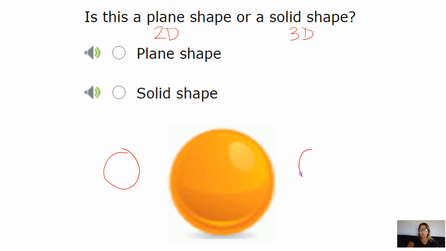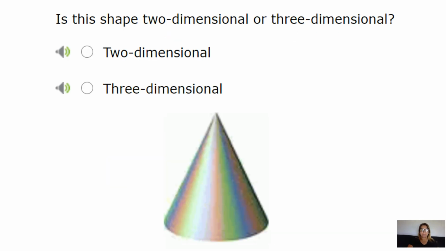Or does it look more like a sphere to you? Like maybe it could roll. Well, if you think it is a solid shape, you are correct. It is something that you can hold in your hand or something that can stand on its own. So therefore, it's a solid shape.